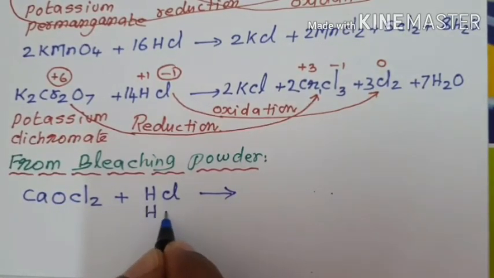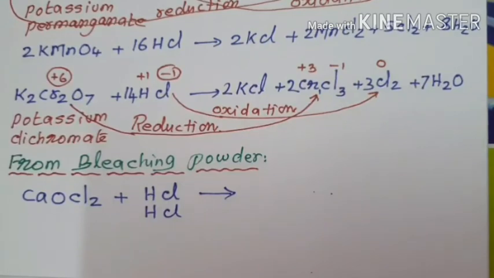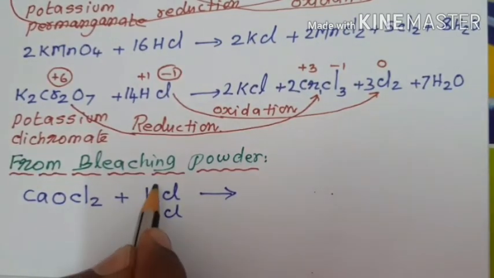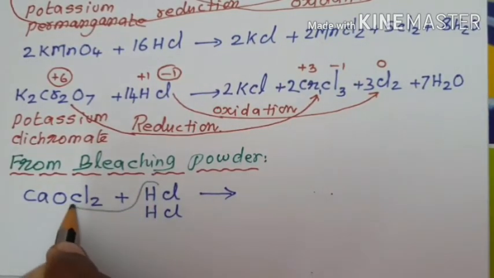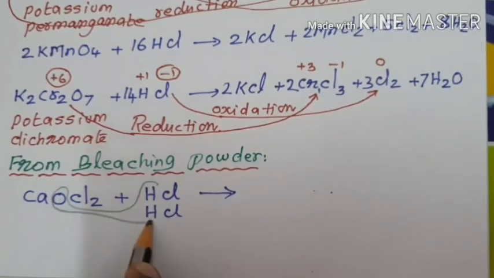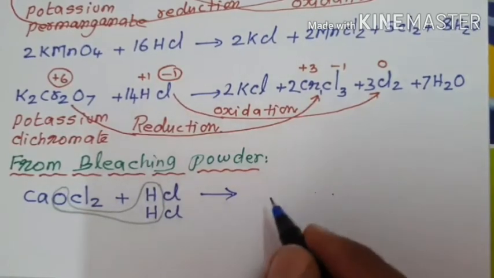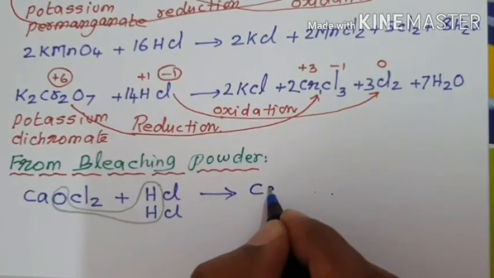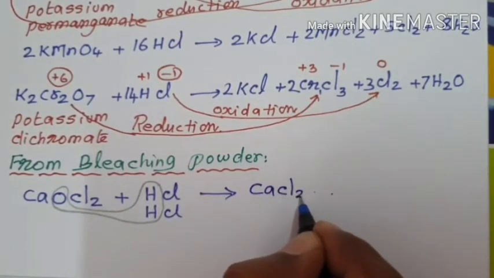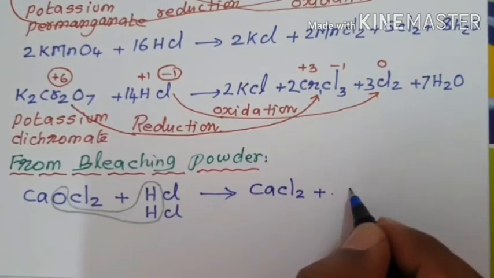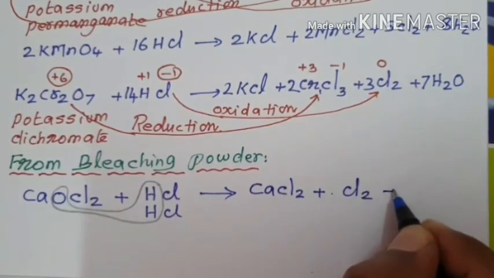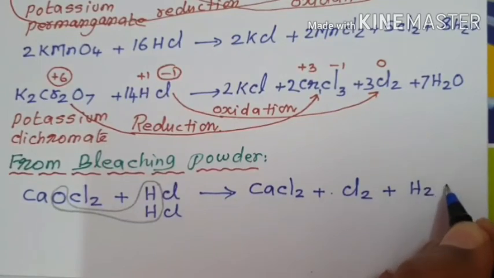Say 2 molecules of HCl, 1 H2O, and calcium combined with this chlorine forms CaCl2, calcium valency 2 plus, plus as usual chlorine and H2O.